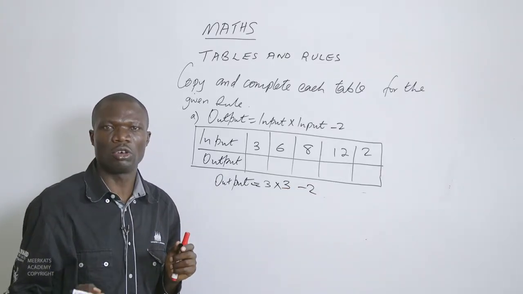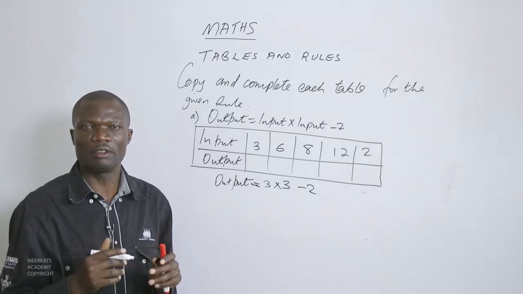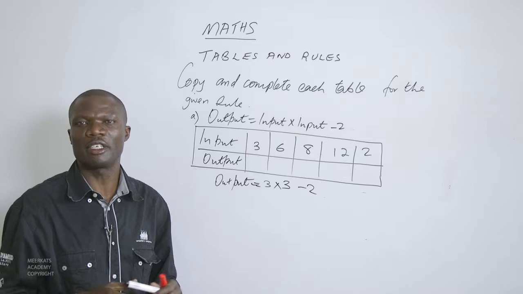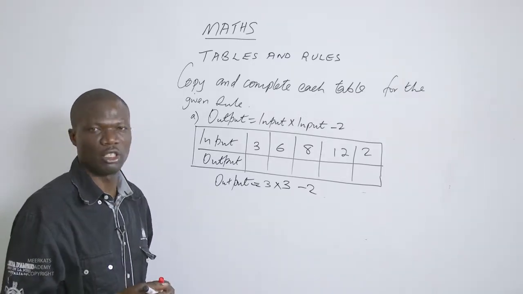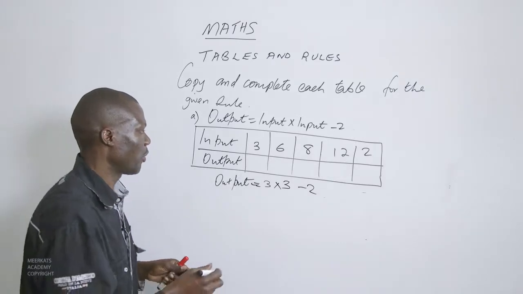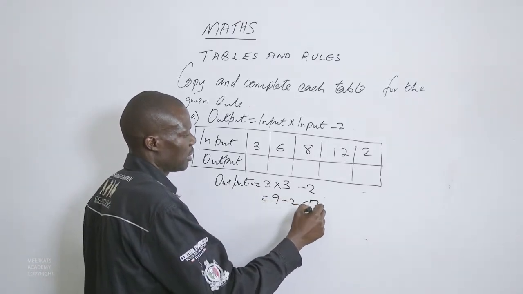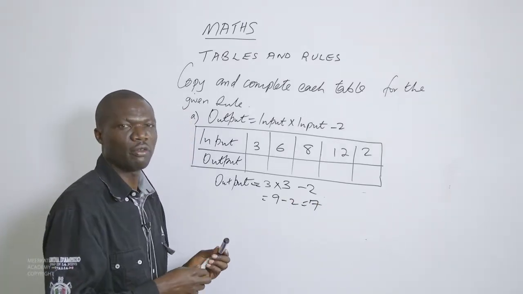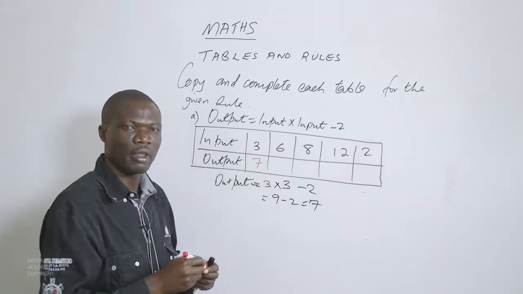The rules of order of operations say that multiplication and division are done first, starting from the left, and then we finish with the others. So in this particular case, it is 3 times 3, which is 9, minus 2, giving us 7. So the first box can be filled with 7.